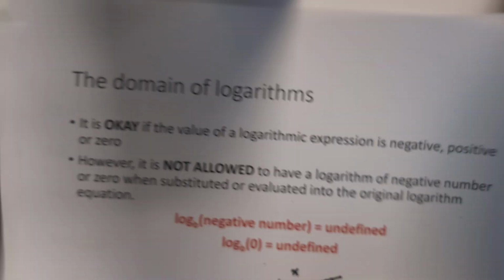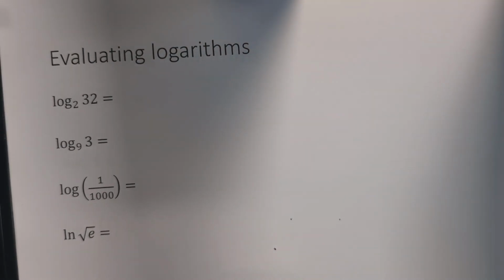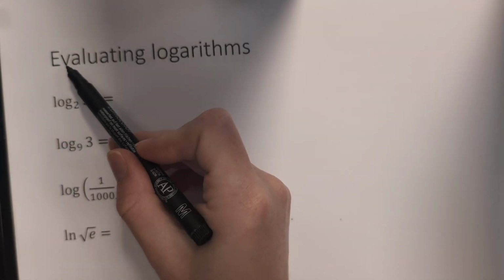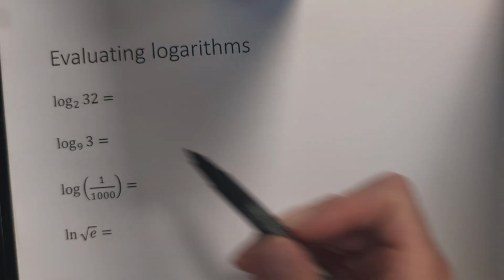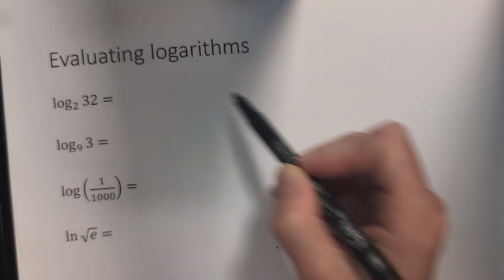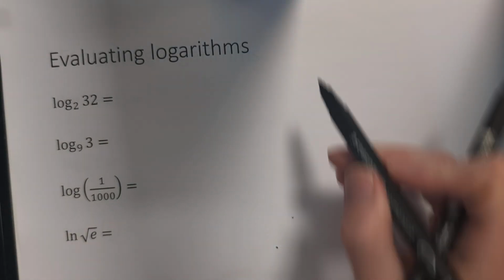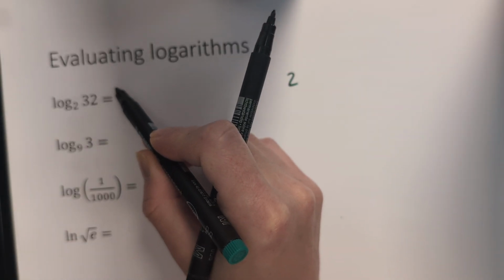And now let's look at a few examples of logarithms. Evaluating logarithms. To evaluate means find the value of. We're not solving anything, technically. Remember that this is actually solving for the exponent, asking us 2 to the what is 32. If I were to write it out, maybe there's an invisible x or a box.